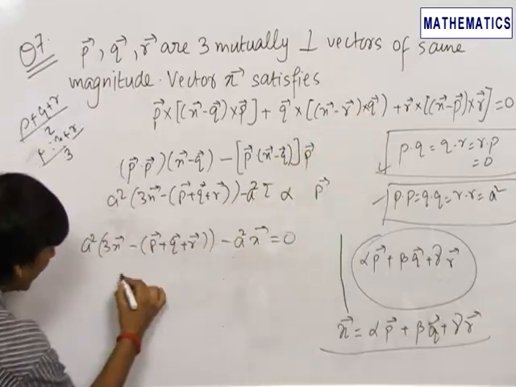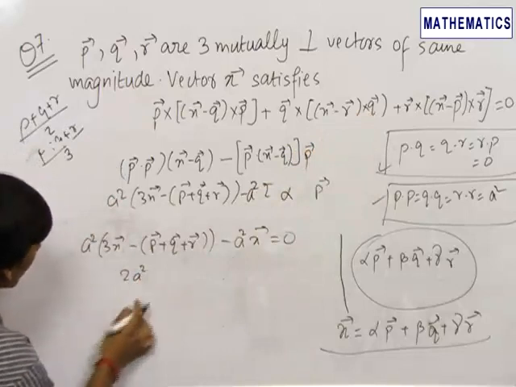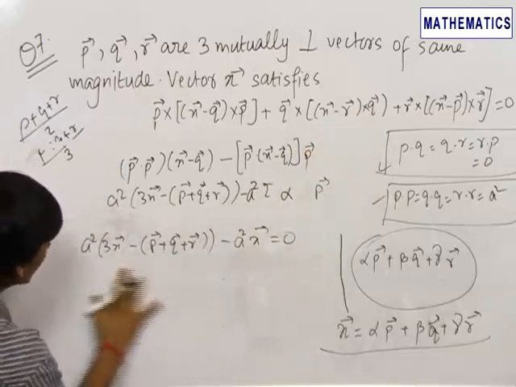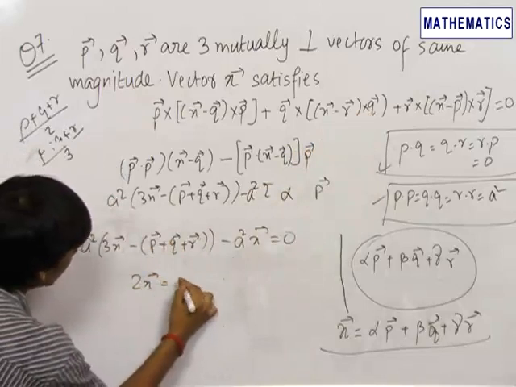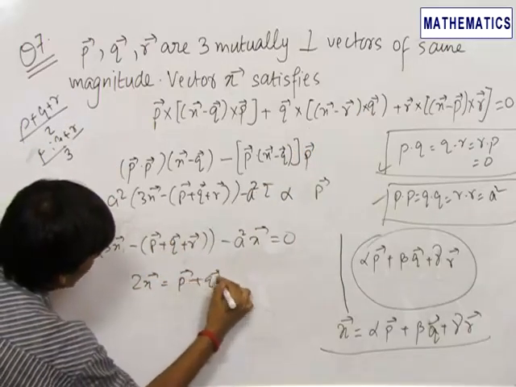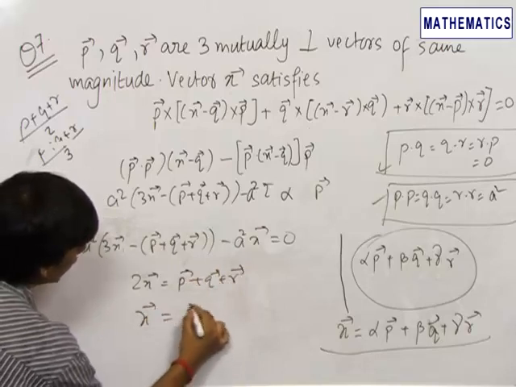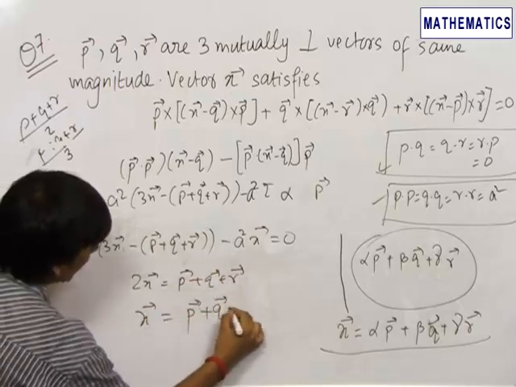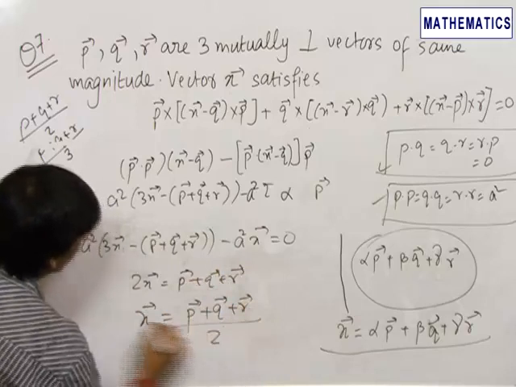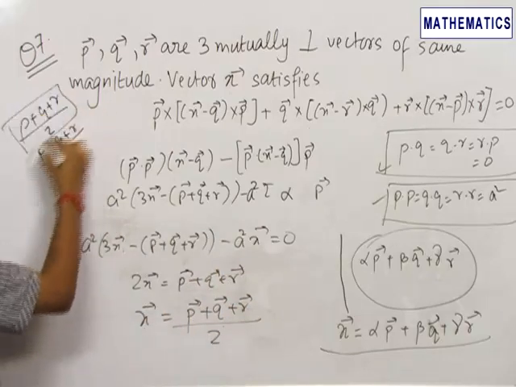Therefore, on solving this, 2 times A square cancels. Therefore, we get 2 times x vector is equal to P vector plus Q vector plus R vector. Therefore, we get the value of x vector to be equal to P vector plus Q vector plus R vector by 2, and therefore this is our final answer.